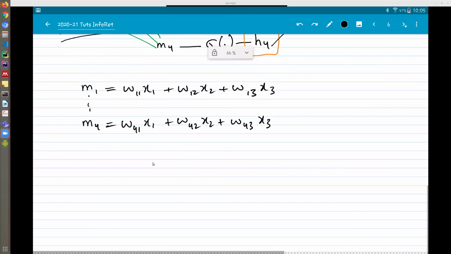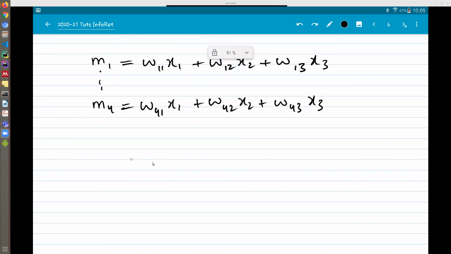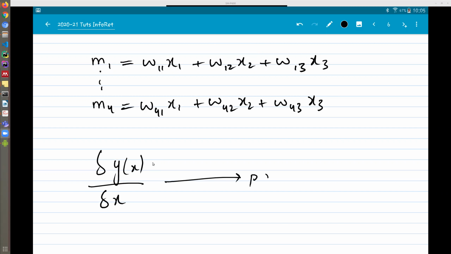So what we know is that for any function y of x, if we take the partial y over partial x, or if we differentiate it with respect to x, it points in the direction of steepest ascent.